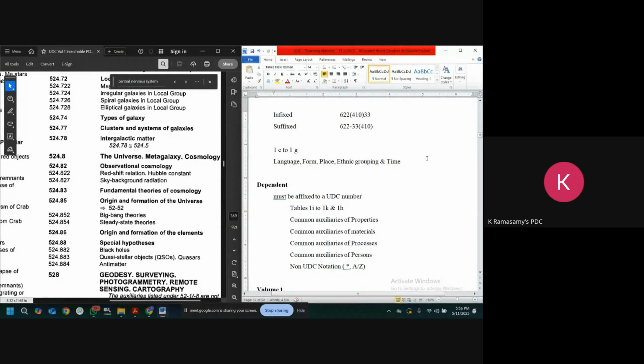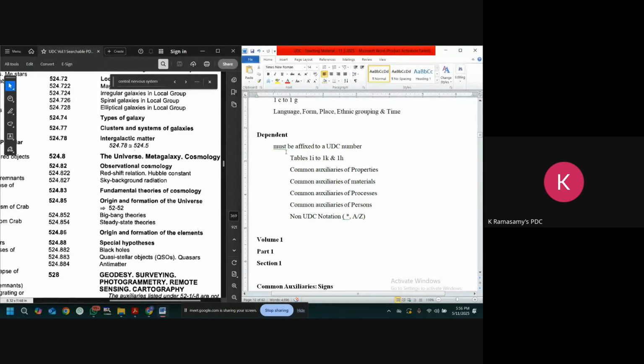What about other tables? There are some tables called 1I2, 1H and 1K. All these auxiliaries are dependent common auxiliaries. That means the numbers taken from these auxiliaries cannot be written as the first number. After writing the main UDC number, these numbers are to be suffixed.